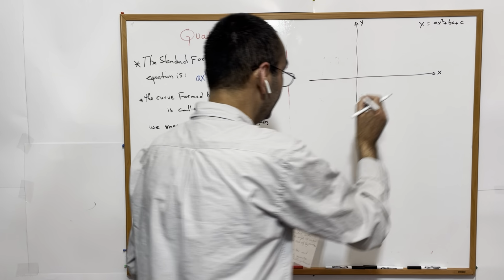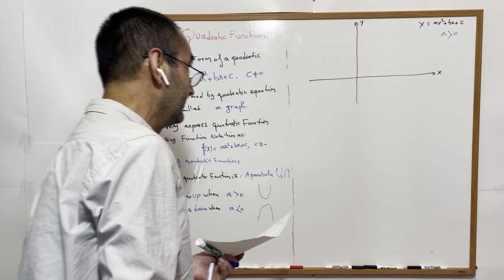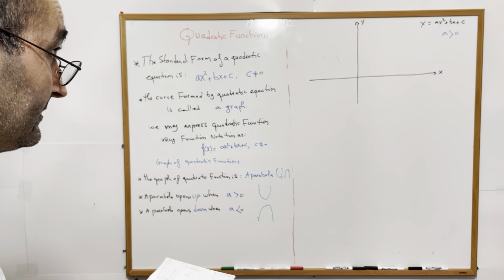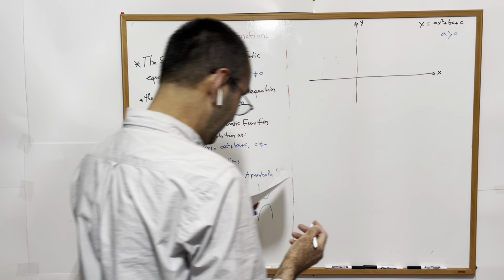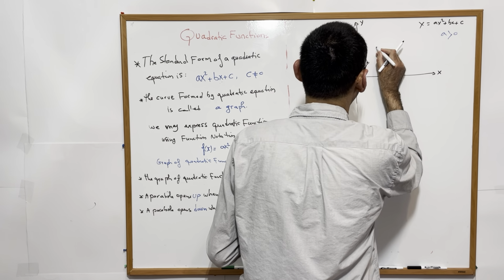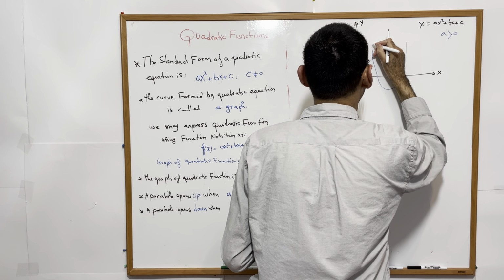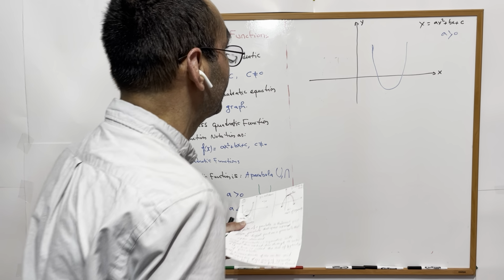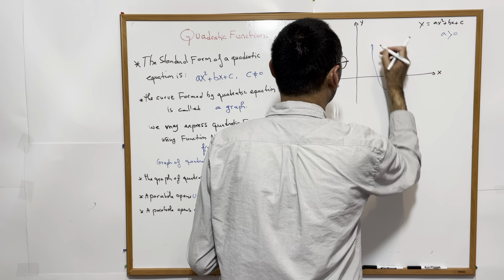For example, here a is greater than 0. That means the parabola opens up.